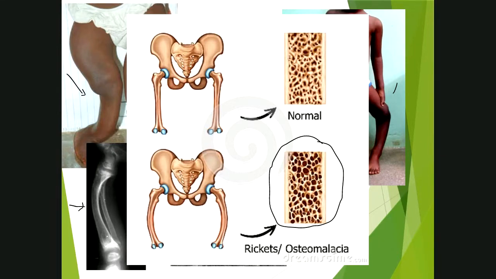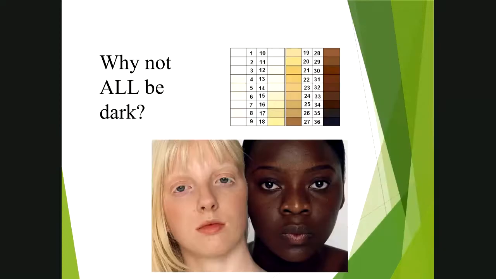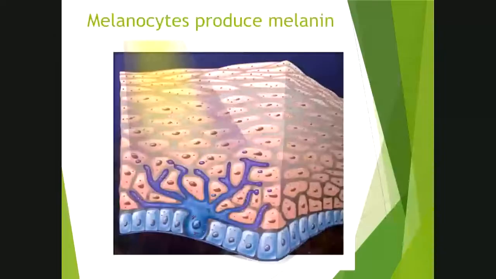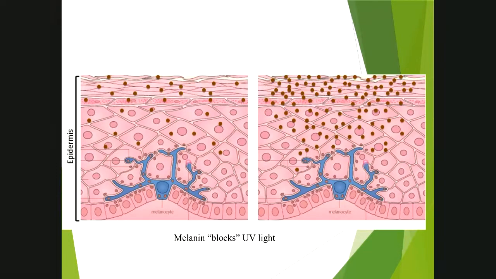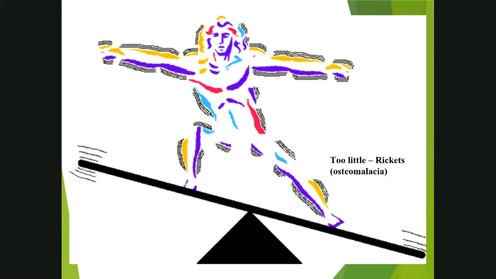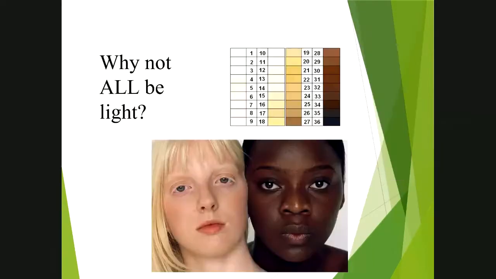And so the problem is we can't screen out all of the UV light. If we did, we would have very little chance of getting skin cancer, but we would get rickets. And then if we screen out too little of the UV light, we're going to get skin cancer. So we can't all be dark and we can't all be light.